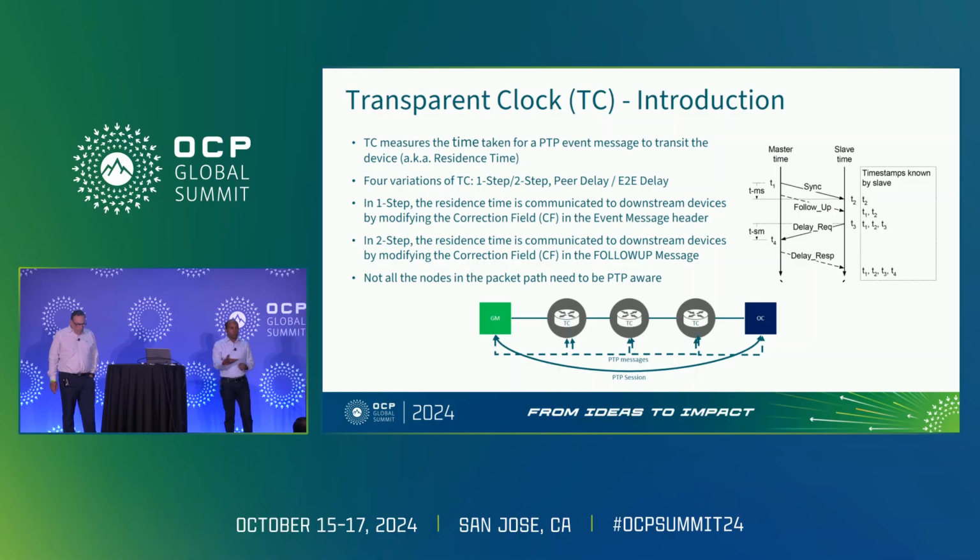The packets of course go through the network in all the switches in a hop by hop manner, and wherever the P2P aware switch is there, it updates the correction field of that TC message, so that end to end, this is what we call transparent clock end to end, right. The endpoint gets all the updates in a cumulative manner.